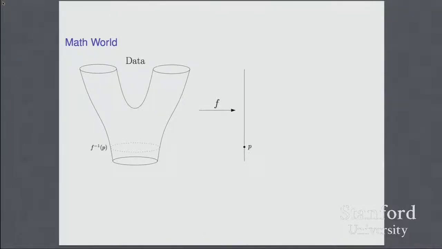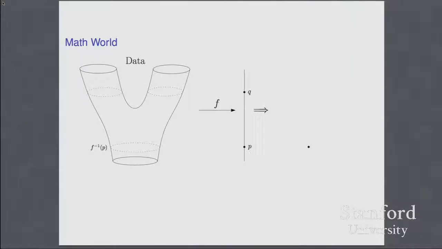I look at the inverse image of P, so that's this circle here. I'm going to draw a point on the far right for every connected component of the inverse image. The way I drew this, there's just one connected component, just a circle in the inverse image. So I drew a point on the far right.